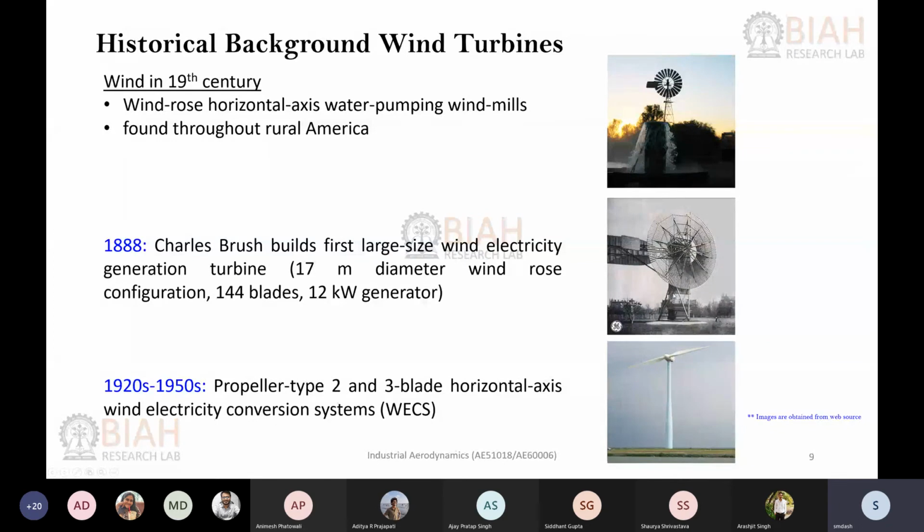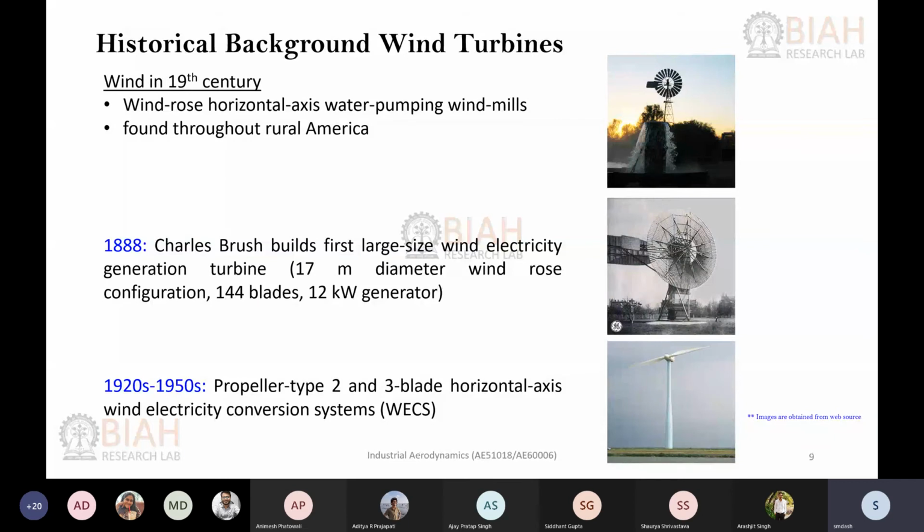Later on, when we started to use fossil fuel, the concept of wind energy extraction was reduced.